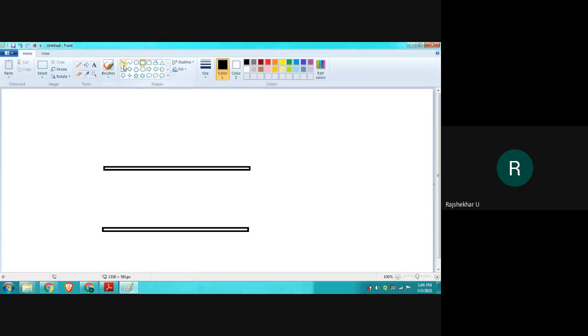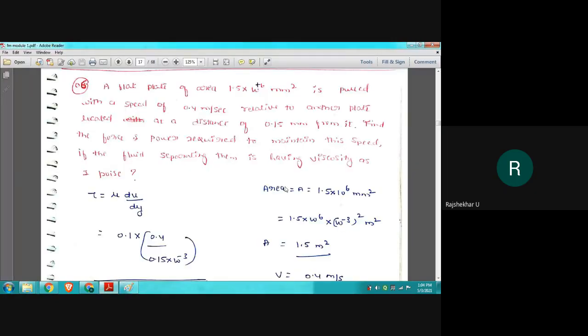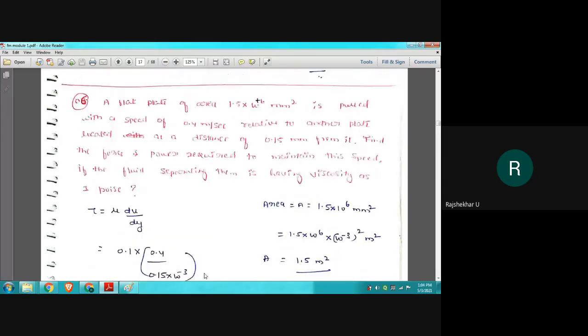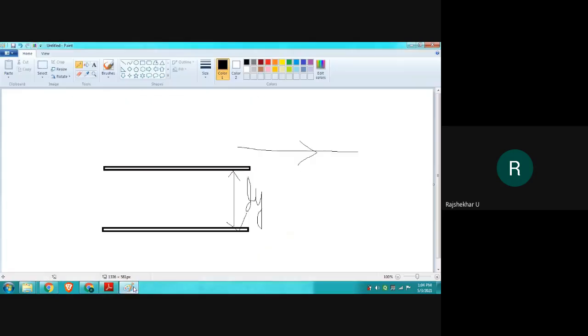This plate is being pulled, and the distance between them is dy. dy is given to be 0.15 mm, which you can see here.